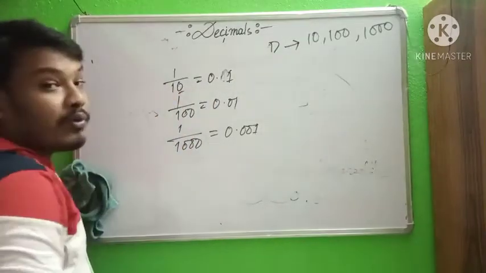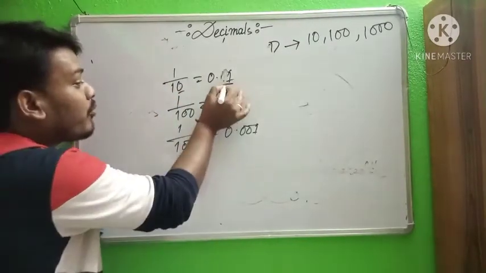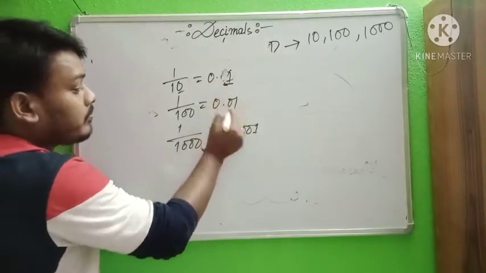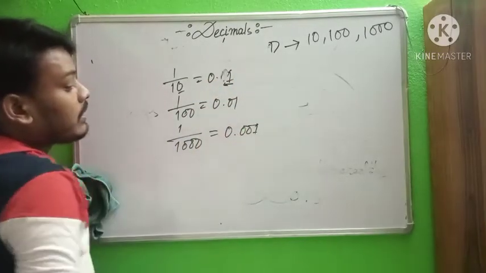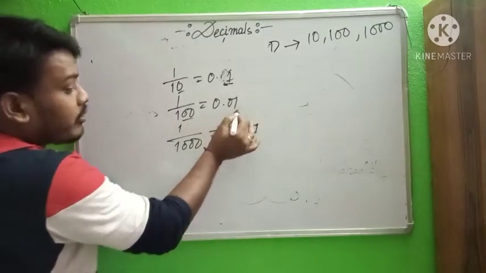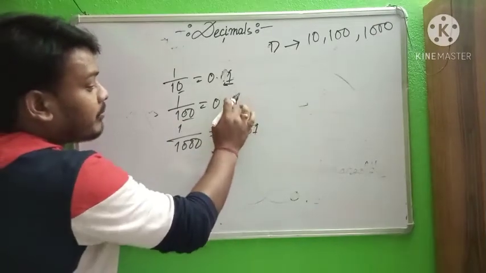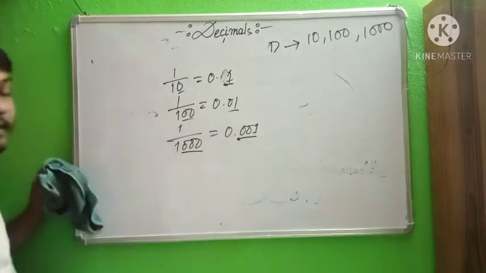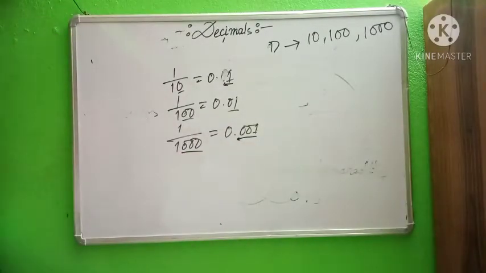Here one zero is there, so the decimal point is placed before one digit. Here two zeros, so before two digits. Here three zeros, so before three digits.